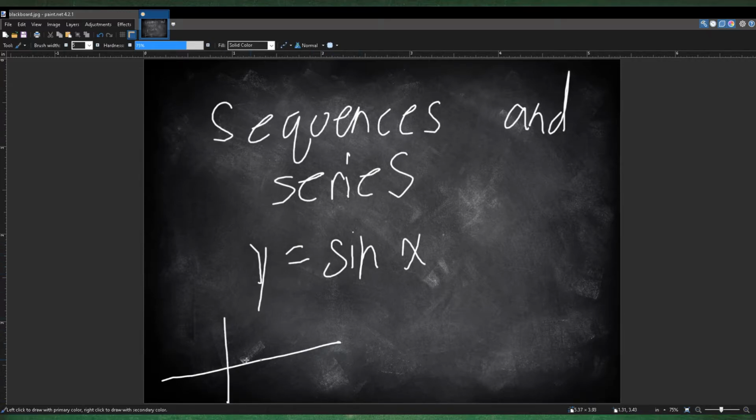Usually the graph looks like this. Sorry, my picture is bad. But basically, for sequences and series, we could use those ideas to find one point on this graph and find the numerical answer. This is usually a decimal answer, but we could get really close approximations using sequences and series.